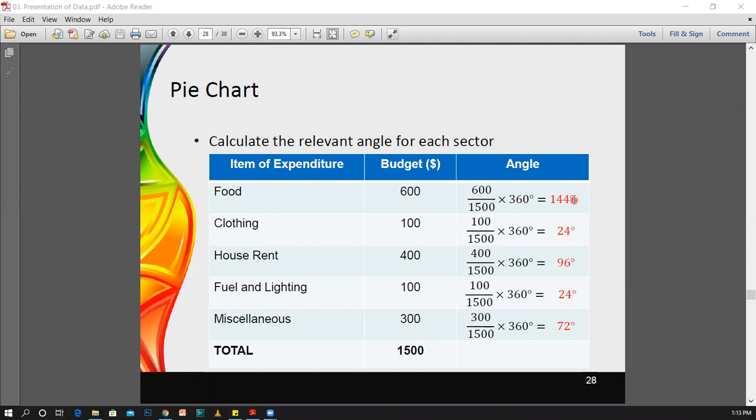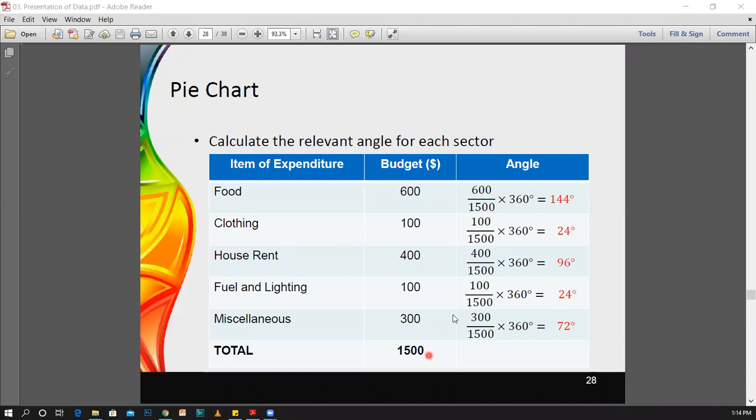We then get the angle associated with food as 144 degrees. Then for the next category, clothing, the budget is 100 and the total is still 1500.